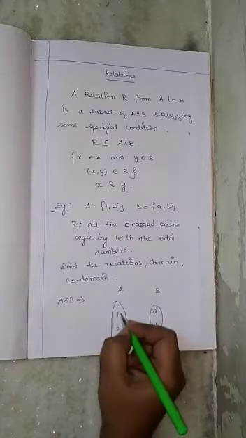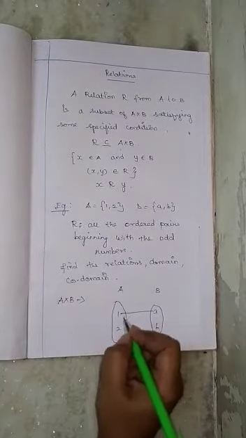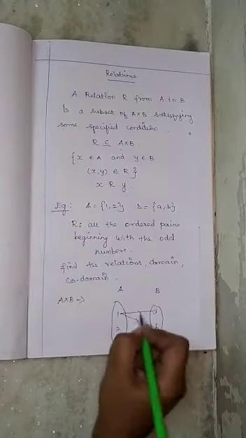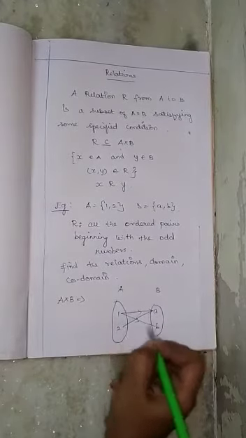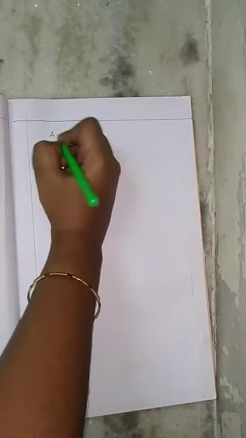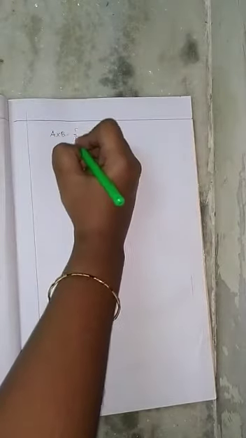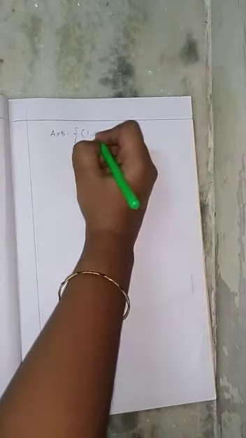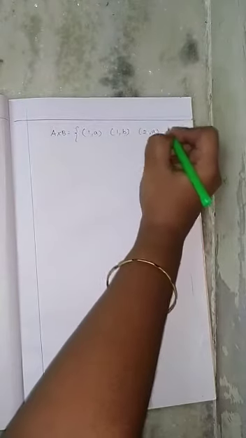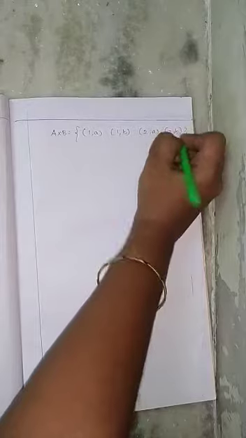So we get (1, a), (1, b), (2, a), (2, b). Now, how can we write this? A cross B equal to {(1, a), (1, b), (2, a), (2, b)}.